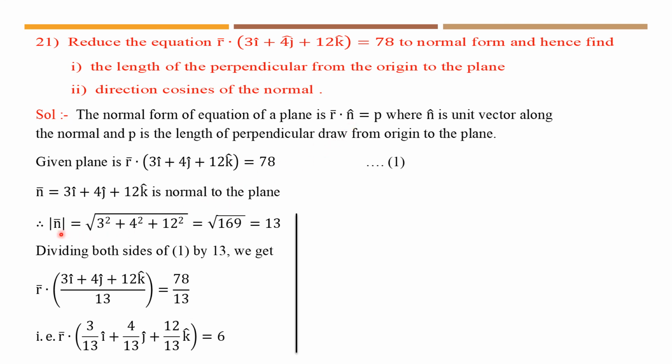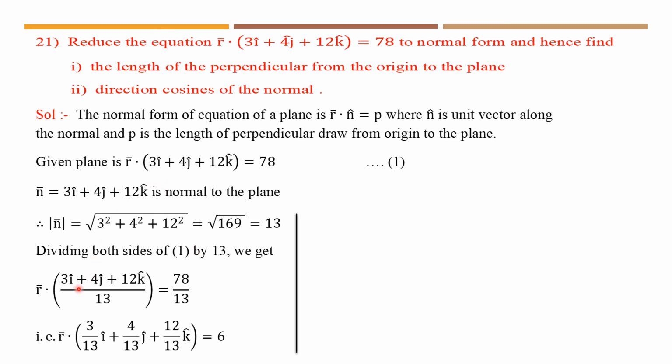We have to find the magnitude of n equal to root of 3 square plus 4 square plus 12 square, equal to root of 9 plus 16 plus 144, equal to root of 169, which is 13. Hence, the magnitude of n vector equal to 13. Convert it into normal form. Therefore, divide equation 1 by 13 on both sides.